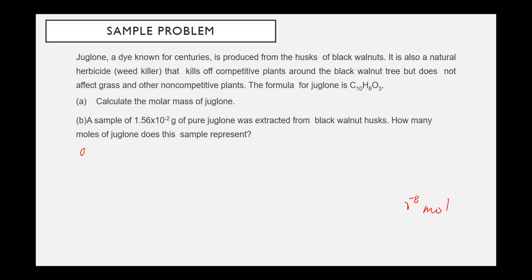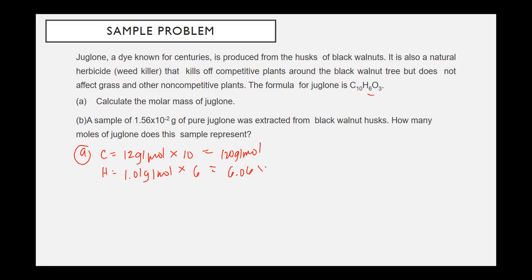So, yung ginawa natin kanina. C has 12 grams per mole times 10 equal to 120 grams per mole. H is equal to 1.01 grams per mole multiplied by 6 equal to 6.06 grams per mole.